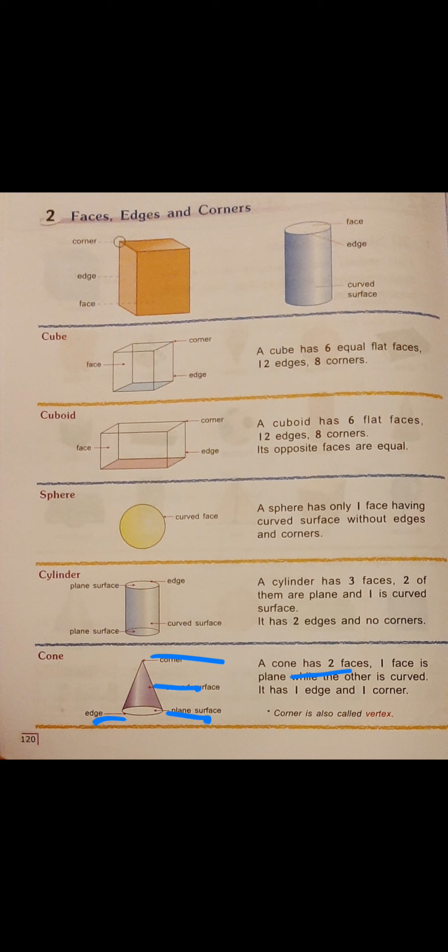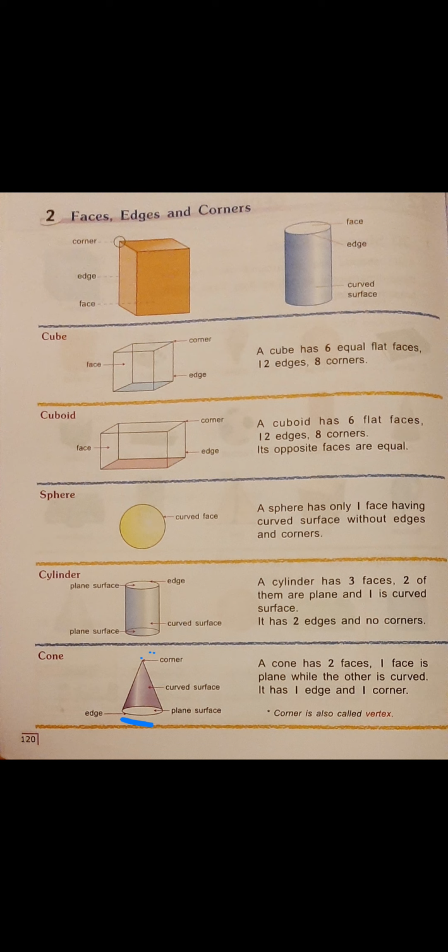One face is plane and the other face is curved. It has one edge and one corner. There is only one corner at the top, right, and one edge at the bottom, right?